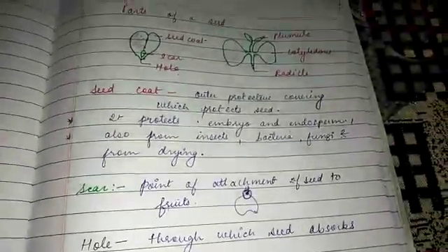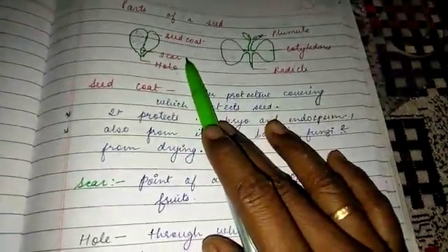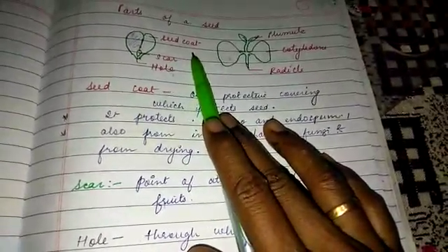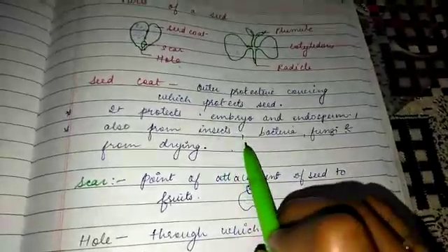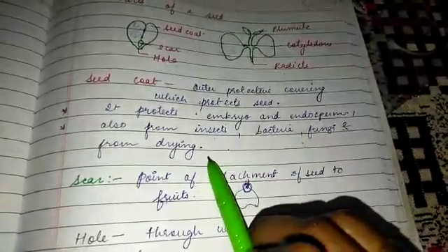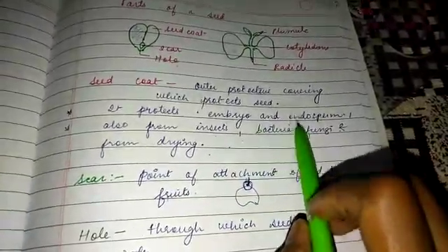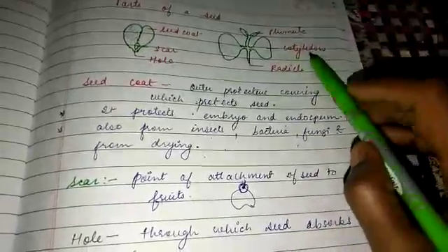Till here clear, children? The parts of seeds: seed coat, scar and hole. The function of the seed coat is the protective layer which protects the seed from insects, bacteria, fungi and from drying out, and it also protects the embryo and endosperm. Then see the next parts of the seed, that is plumule, cotyledons and radicle.